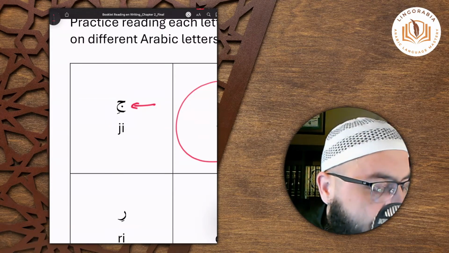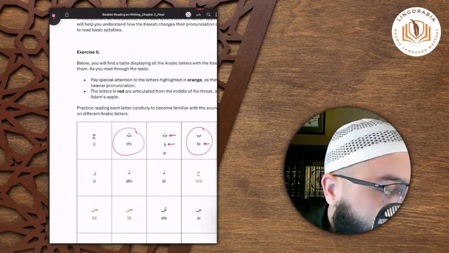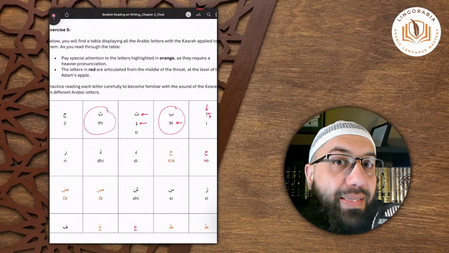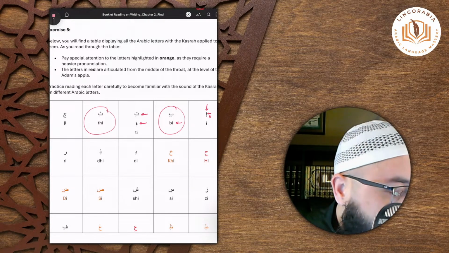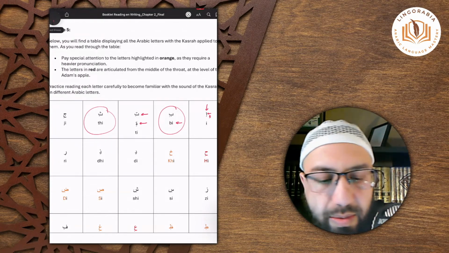So this is the last letter of the row. So we got here E, B, T, Th, G, okay? We got these letters in the first row of letters.